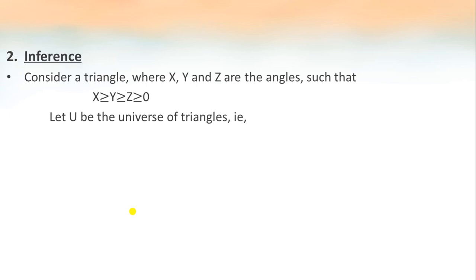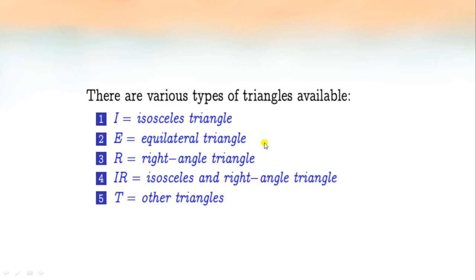Let U be the universe of triangles, defined by these x, y and z angles, where the sum of all the angles is equal to 180 degrees. There are various types of triangles available: isosceles, equilateral, right angled, isosceles and right angled, and T which represents other triangles.